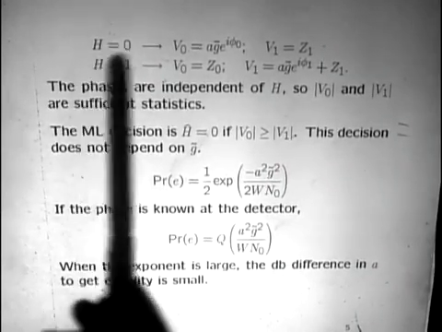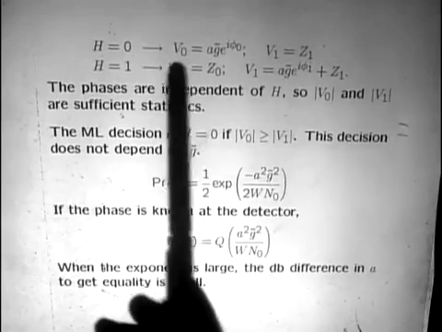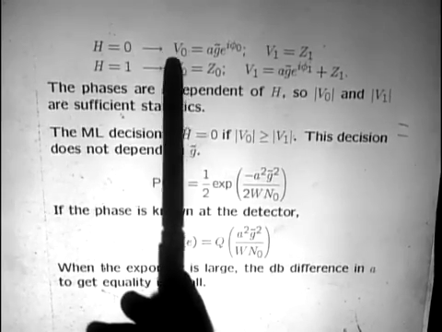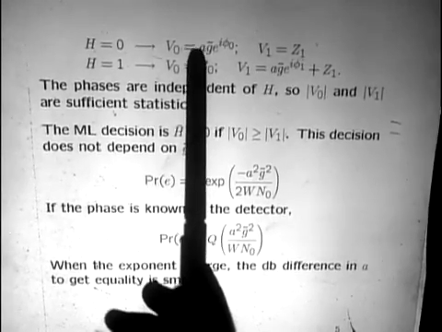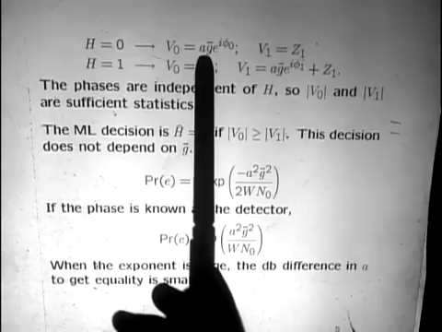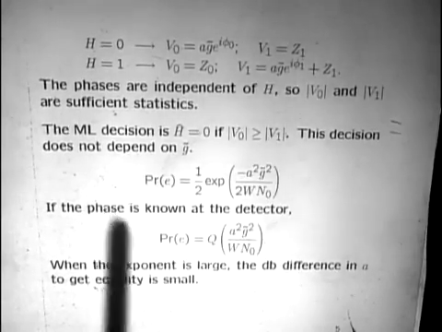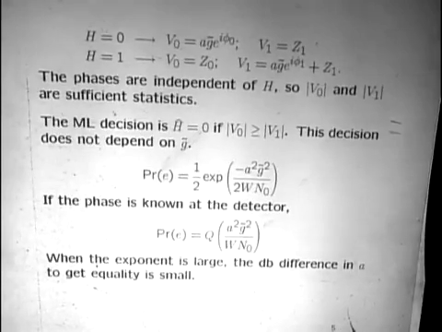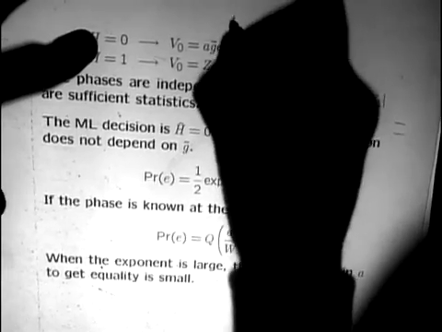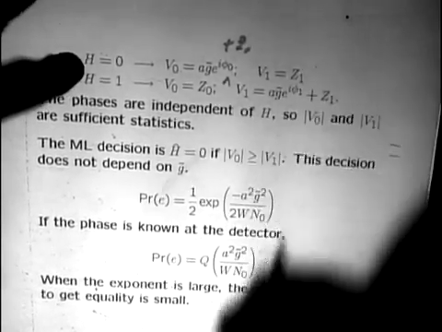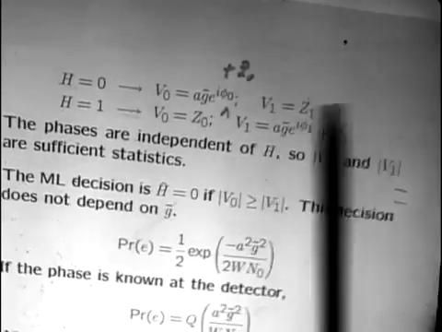So under hypothesis H equals 0, we have the output of the channel V0 is whatever input level A we put in, times what the channel does to us, times e to this random phase, plus Z0, and V1 is just Z1.